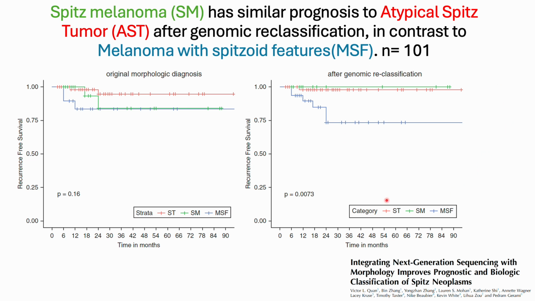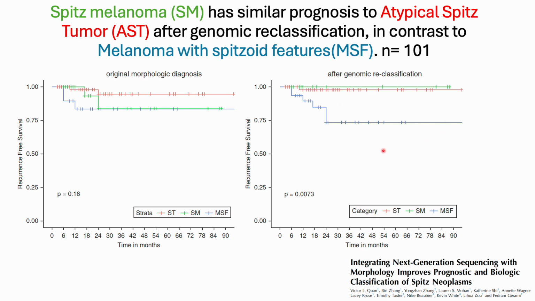And if you first of all look at the right panel, the Spitz melanomas, when accurately classified using genomic information, actually have a very good prognosis, a very indolent tumour, quite similar to the atypical Spitz tumour, whereas the melanoma with spitzoid features in blue has a significantly worse recurrence-free survival.